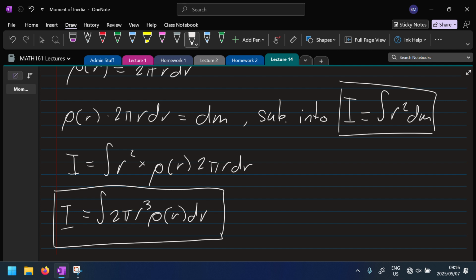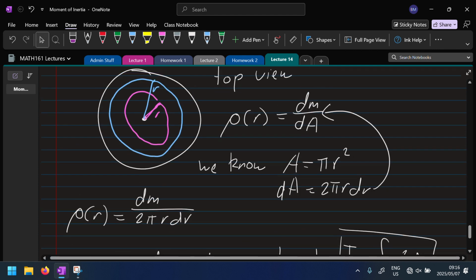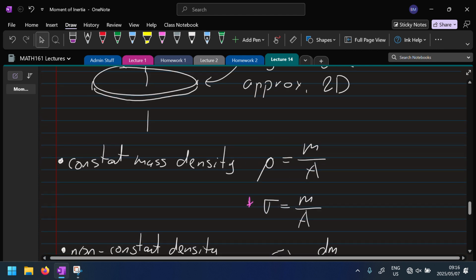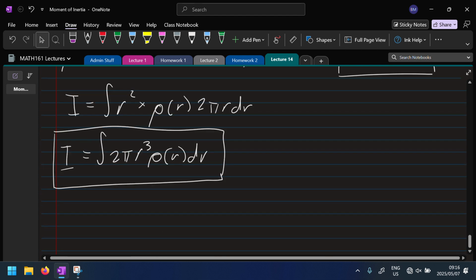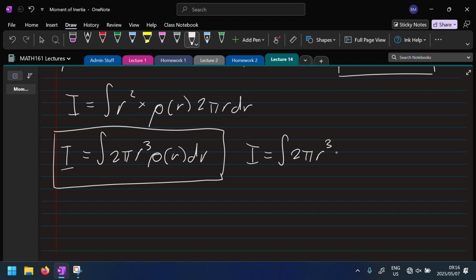And you might see it, instead of rho, you might see it with the sigma, like we had here. Right, that different notation for the area mass density. So you might see this as I equals the integral 2 pi r cubed sigma of r dr. Again, this is just notation.